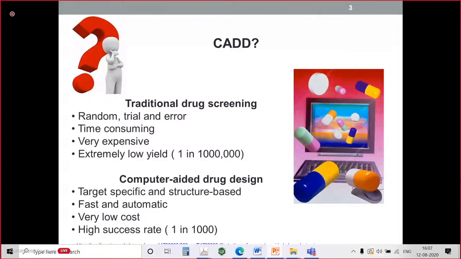Nowadays we have automatic computer-aided drug design software, which also decreases the time as well as the cost. And the success rate is comparatively higher than the traditional drug design.